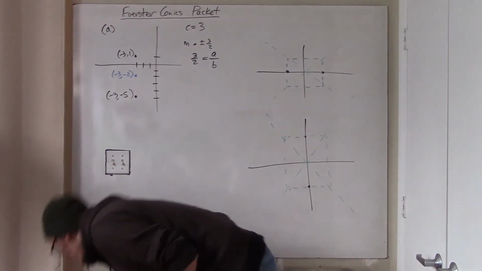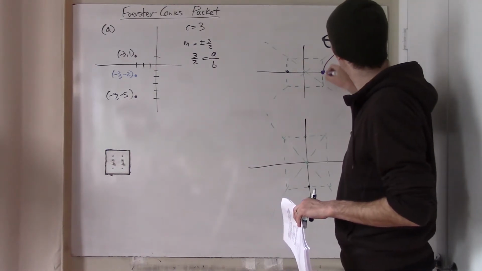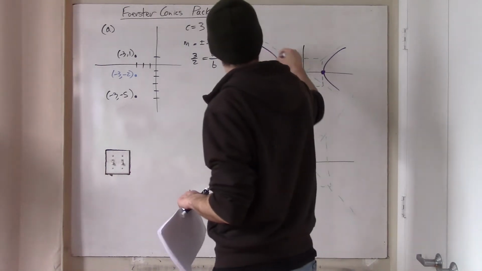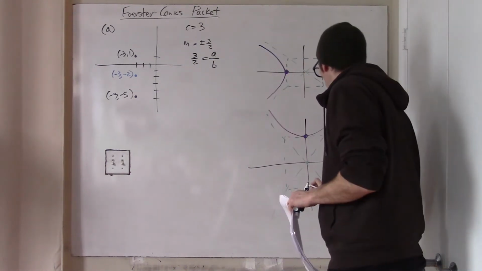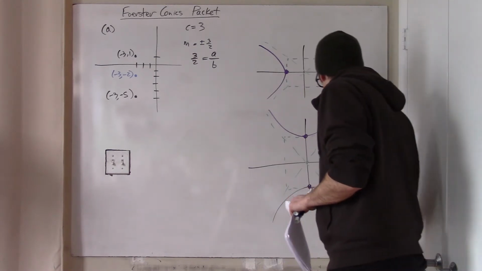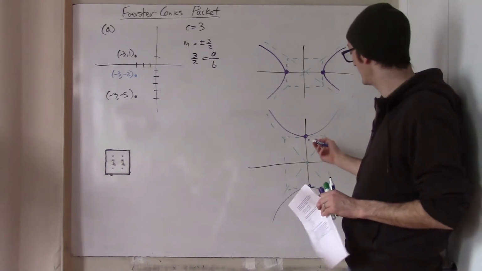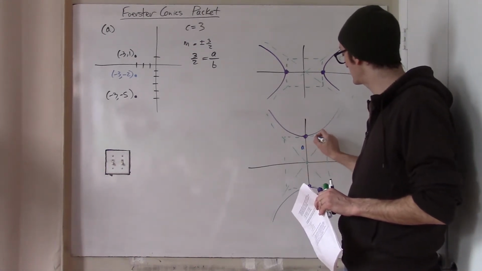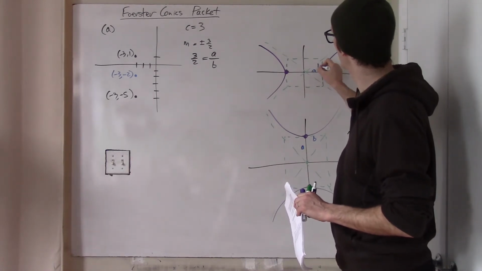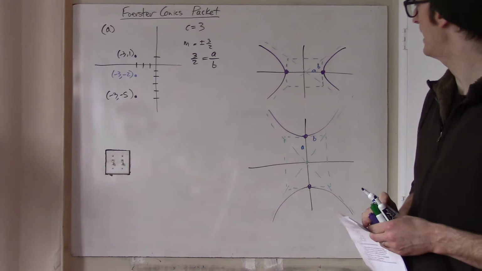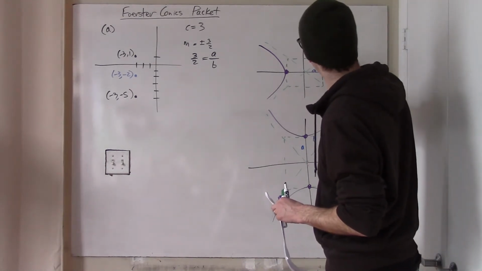If I draw this generic horizontal hyperbola like this, and this generic vertical hyperbola like this, then built into what we're doing is that this is a and this is b, and here this is a and that's b. This segment here is b.